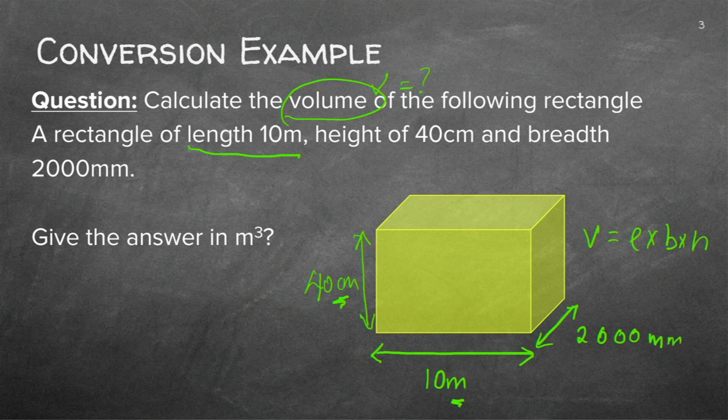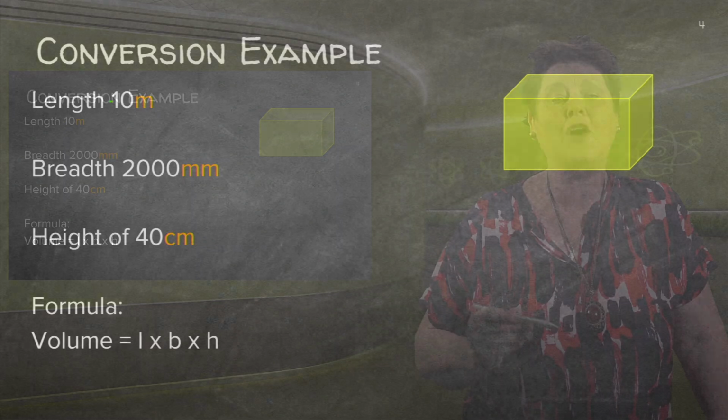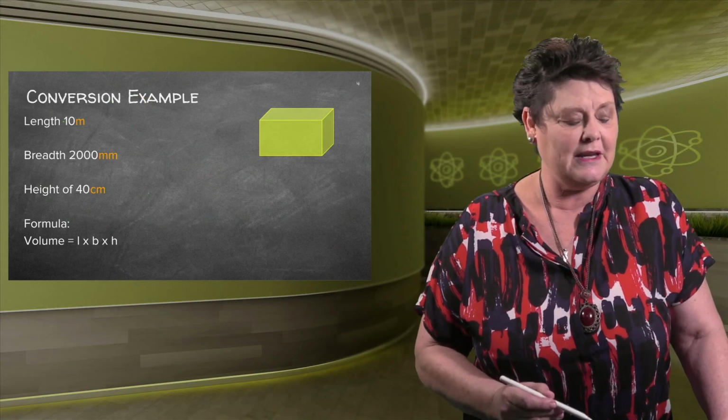So what I have to do is get all 3 of these in the same unit. And it will preferably be in meters because that's what they asked of me. So let's go about doing this. Firstly, I've got to convert these 3 to the same unit. And as I said previously, let's try and do it in meters because the answer will be given in meters.